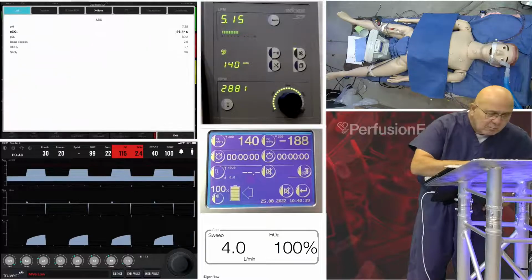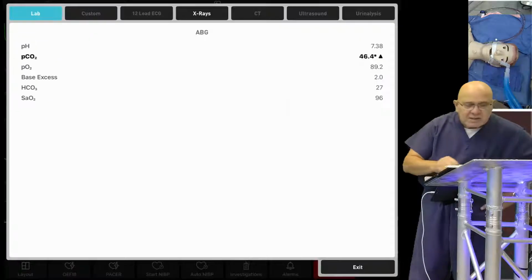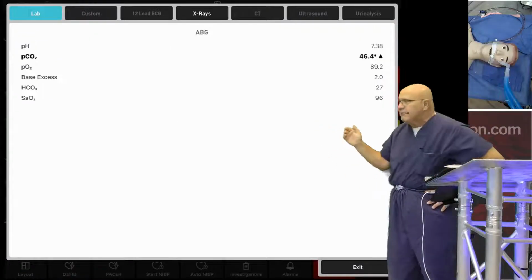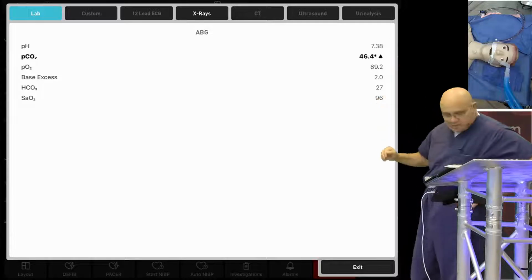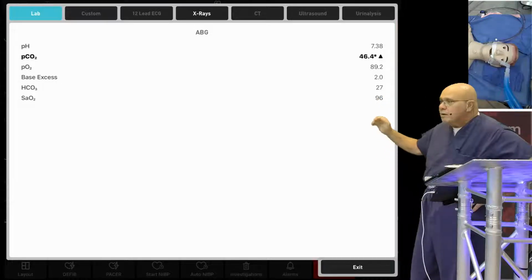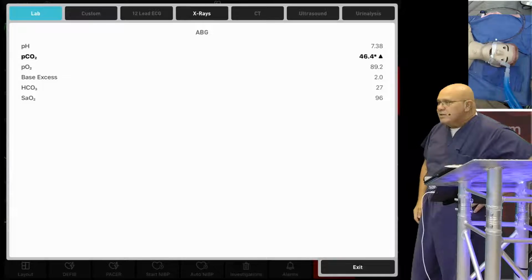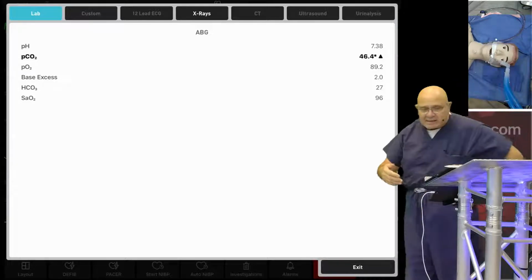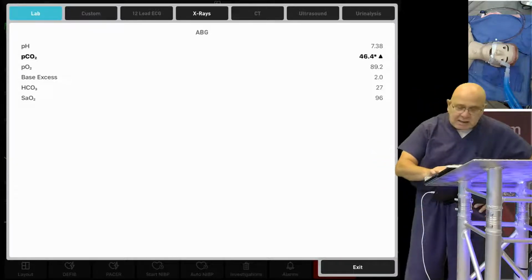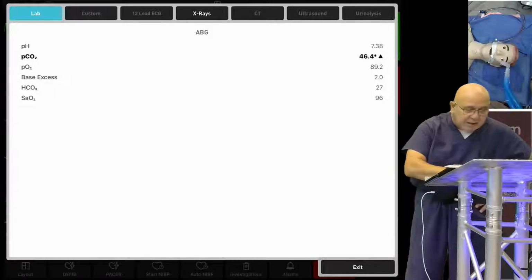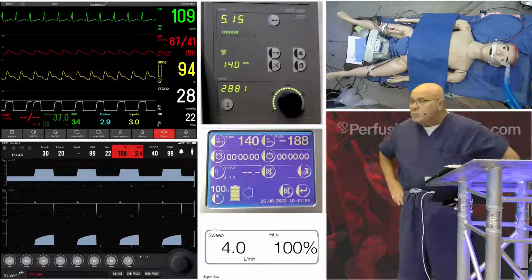And we see here that the pH is 7.38, PCO2 is 46.4, PO2 is 89.2, base is 2, bicarb 27, and SAT 96. So I have to say that at the end of the day, that's probably about as good as we're going to get.